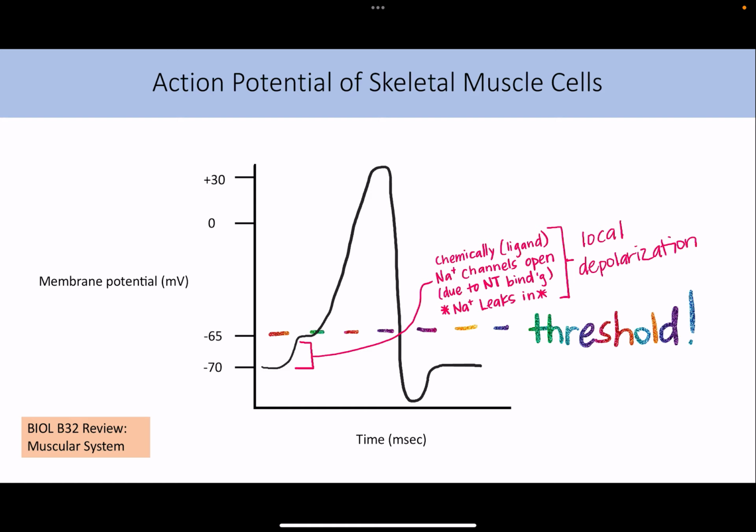Okay. So once we reach that threshold, whatever that number is for that cell, then we're going to switch to voltage-gated channels. And then we have our depolarization phase. This is our rapid depolarization. Voltage-gated sodium channels open, and again, we have a rapid influx of sodium.